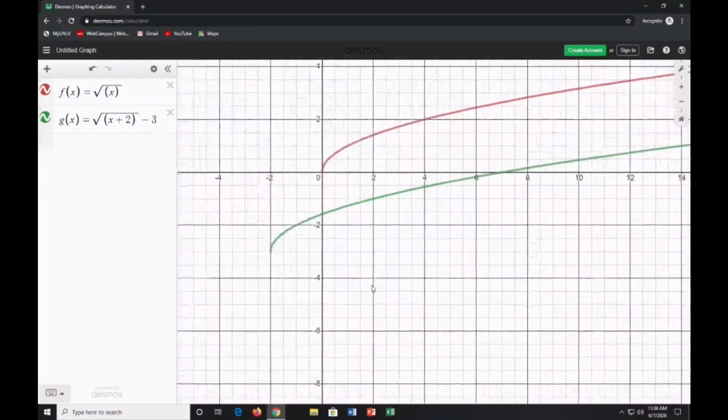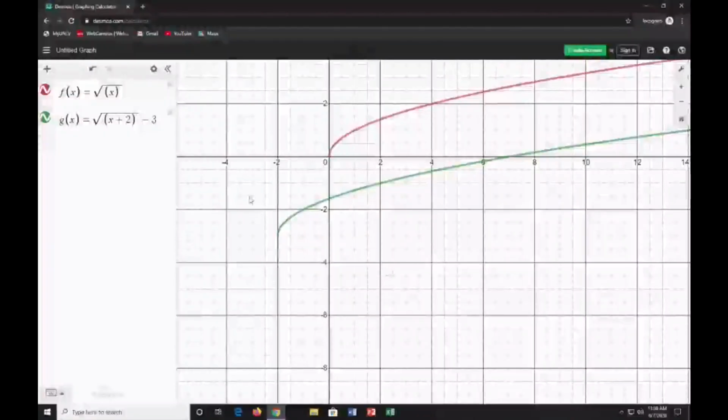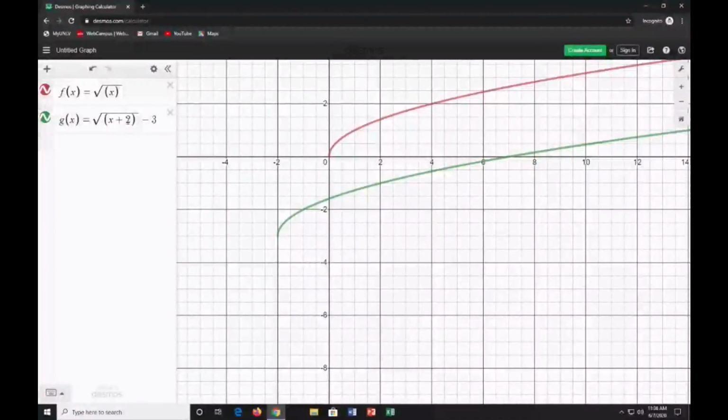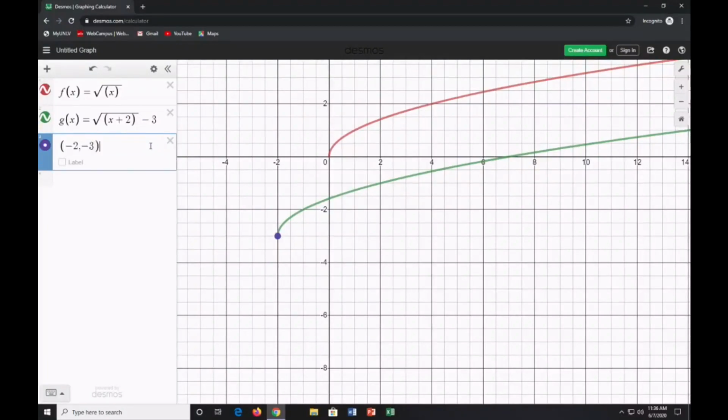So there you have it. We have 2 units shift to the left, from 0 to negative 2 right there, and 3 units movement down. So the transformed vertex has to be at negative 2 comma negative 3 right there. Okay, that's that point.